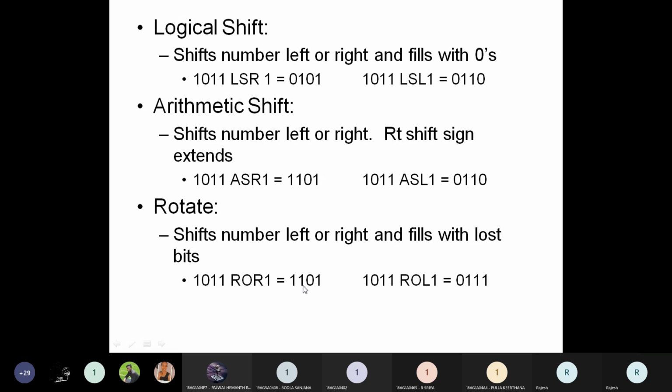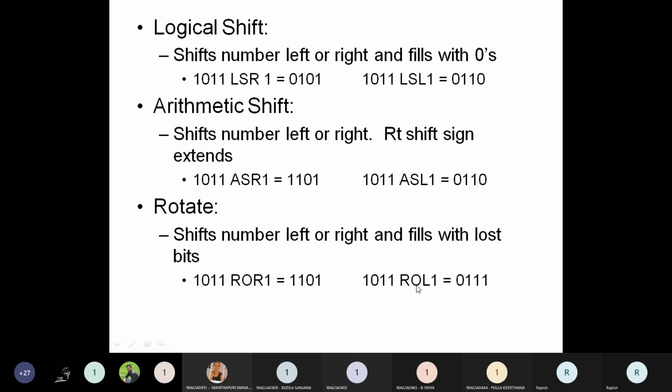But whatever the LSB was earlier, that is again placed in the MSB place. The last one comes and is placed in the first position, and the remaining bits shift by 1 bit. So it becomes 1101.